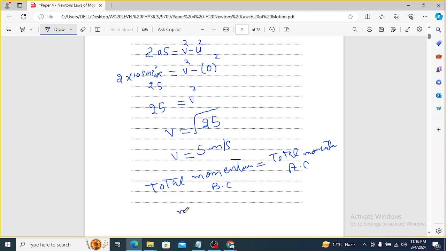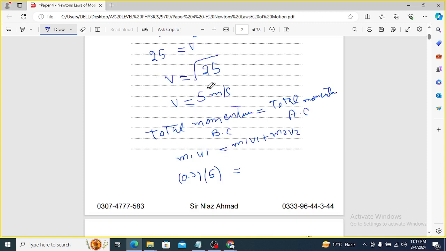So m1 is 0.3, the initial speed is 5, which we found in the previous part, and the speed after collision of P is 2.